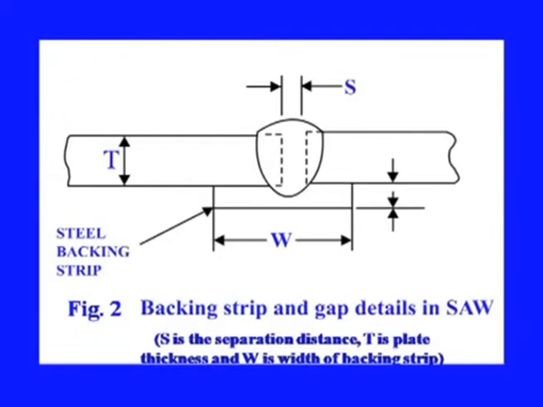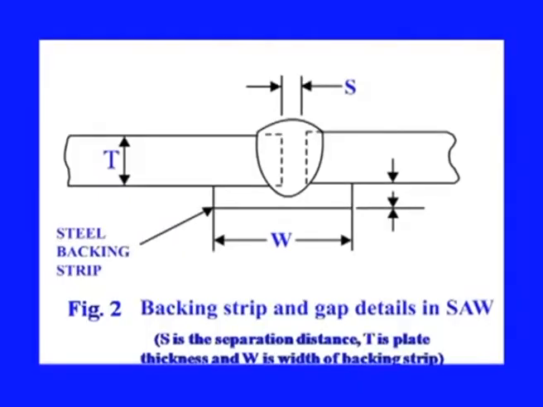These are the 2 base materials. They are positioned like this, where in this portion the welding is to be carried out, and the thickness of these base materials is T and W is the width of the backing strip.